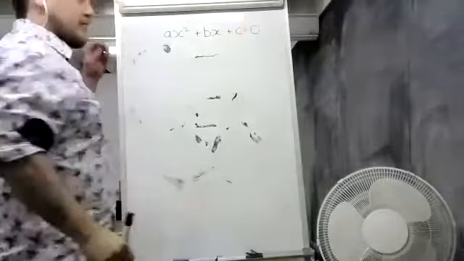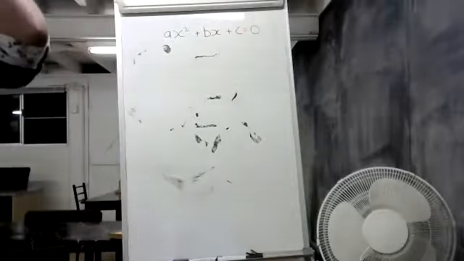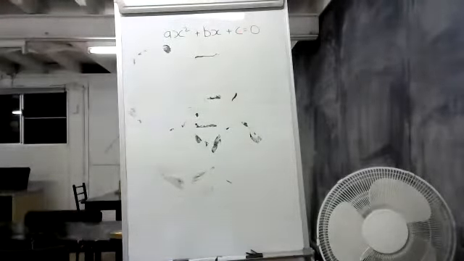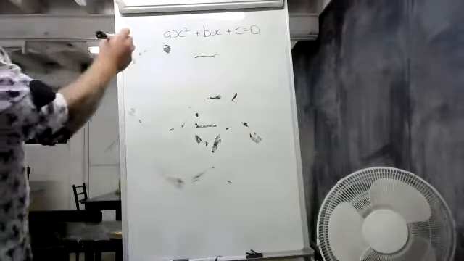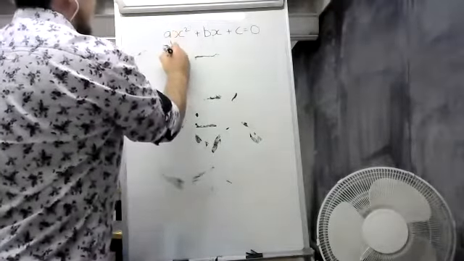So this is our quadratic formula. A, B, and C are knowns. A cannot equal 0.